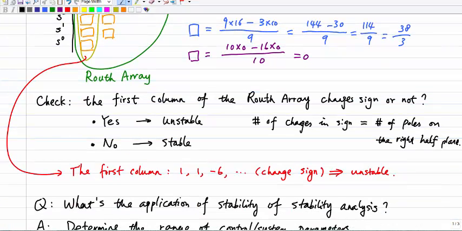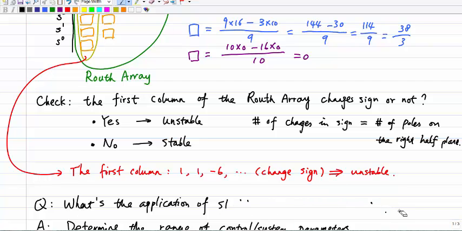Okay, so the next question is, what is the application of stability analysis? It looks like the Routh-Hurwitz criterion is very good. So in what cases can we use it?